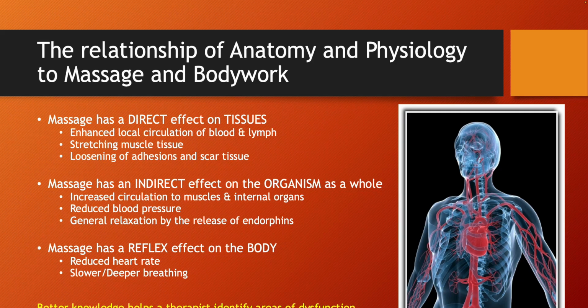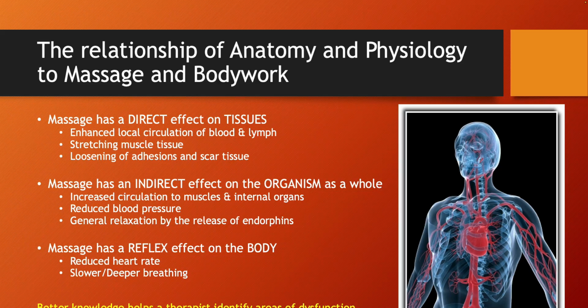It can enhance your lymph circulation and blood, right? Direct effects would be also stretching muscle tissue or loosening adhesions and scar tissue. So, a direct effect is what's happening as soon as you touch that muscle.